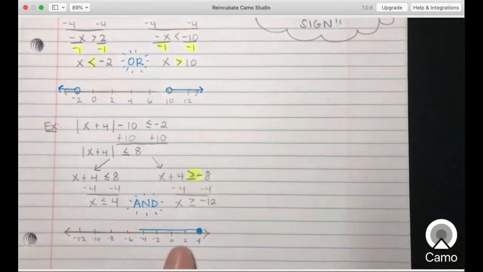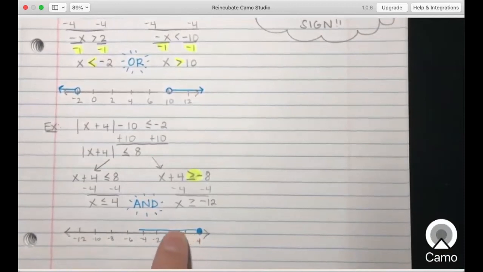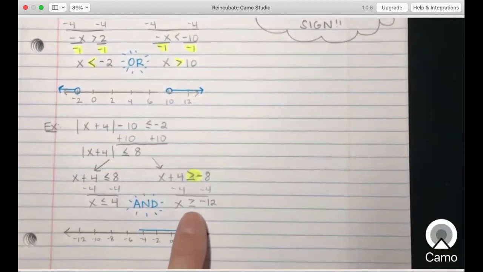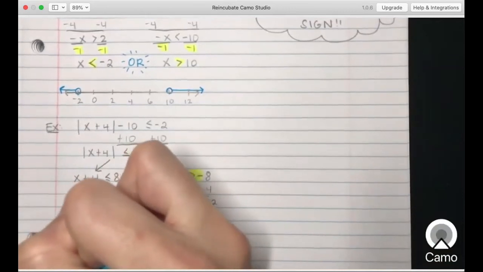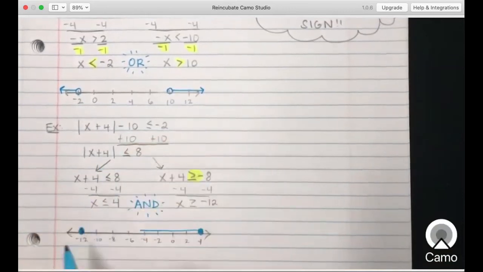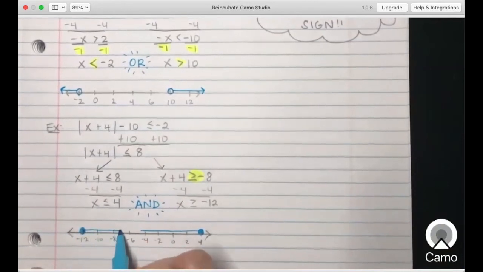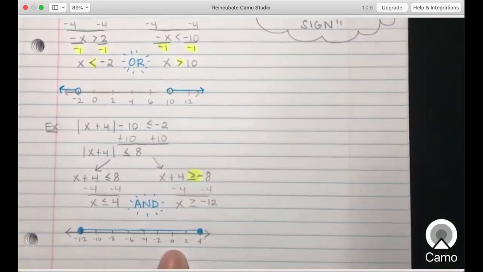Okay, I'm just going to leave my line going there. And then to graph my other end, I know this goes on forever this way. From my other end, we know it's going to be greater than or equal to negative 12. So we're going to put a closed dot at negative 12, and we're looking at all the values that are greater than it. So we can see it'll be this range, this interval right in the middle.